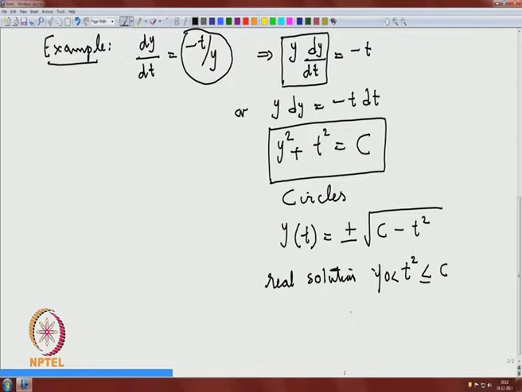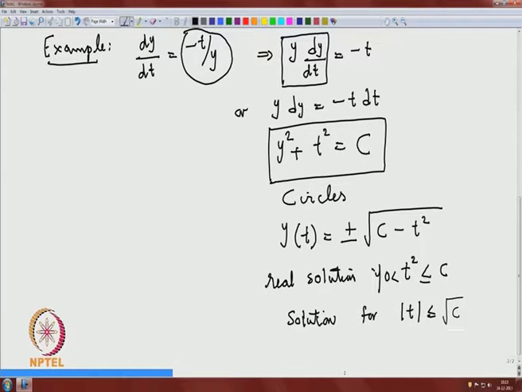That shows that the solution exists for mod t less than or equal to root c.